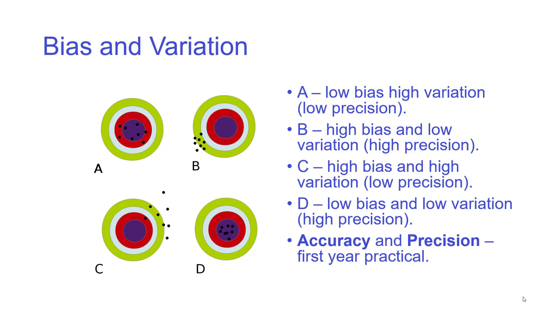In diagram A, you've got low bias but high variation, so low precision. So you're getting the right answer, which should be in the bullseye in the purple region, but you've got quite a lot of scatter around. So you've got low precision, low replication.